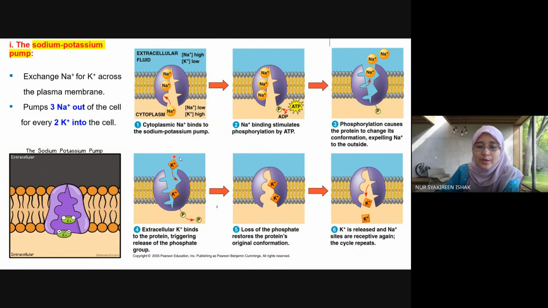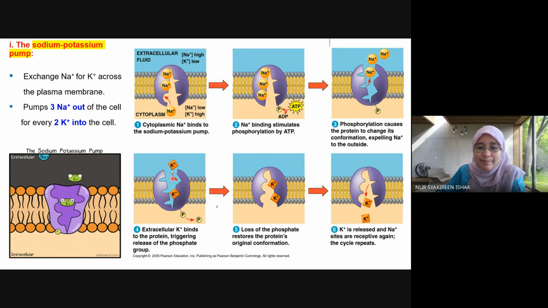So the potassium ion now binds to the binding site. Look at the first diagram here, the concentration of potassium outside is low. It needs to enter the cell with high potassium ion concentration, from low to high, against the concentration gradient. That's why the process requires energy.